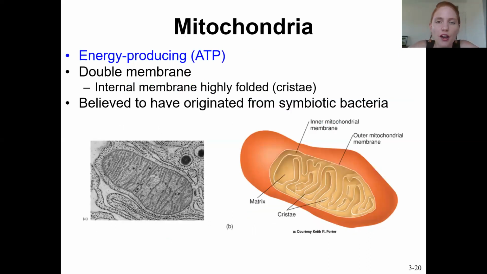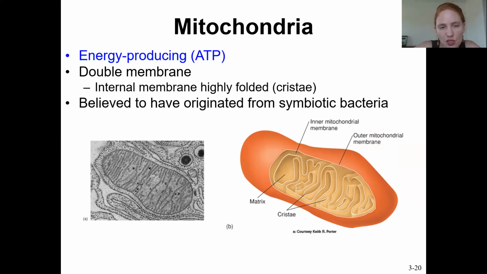Mitochondria. So mitochondria, they're called the powerhouse of the cell, and they are important for creating ATP, which is just a form of energy that the cell can use to get things done inside of the cells, things like moving things around. So anytime the cell needs more energy, most of it comes from the mitochondria.